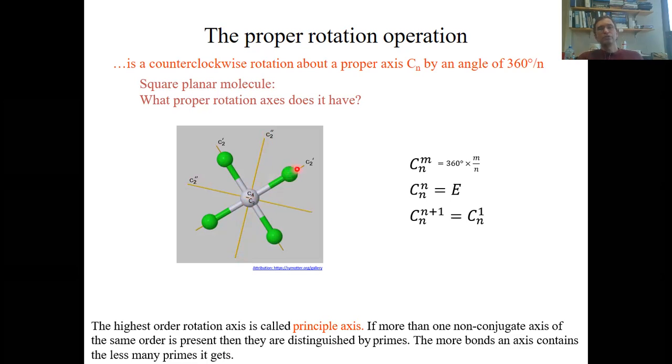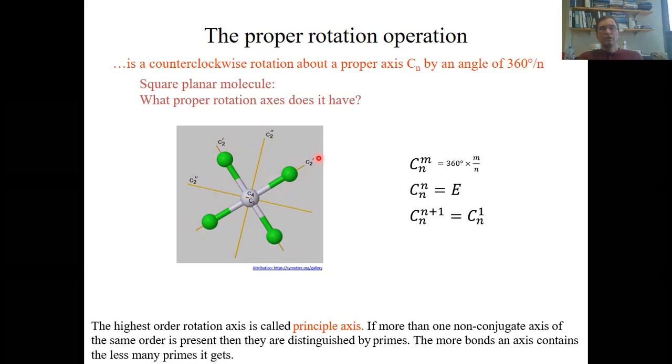These two C2s that contain the bonds both get one prime, and the other two C2s here, which are conjugate to each other, get 2 primes because they contain fewer bonds than these two.